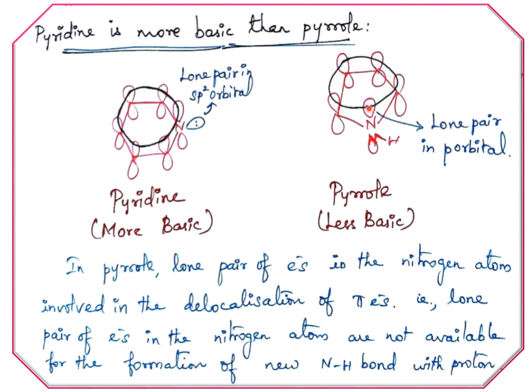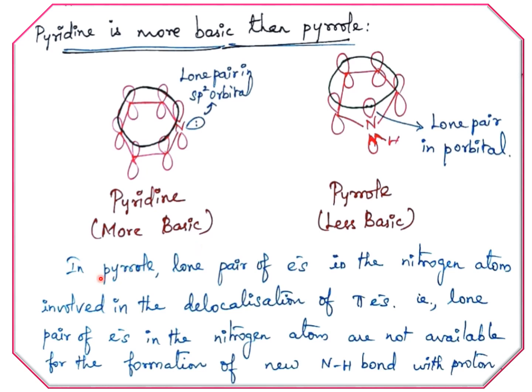This involvement in delocalization makes it unavailable for further reaction at nitrogen. So it is less basic. But this is not the case in pyridine, because it has a free lone pair of electrons in an sp2 orbital. It is still free. Because of that lone pair of electrons, it is more basic.